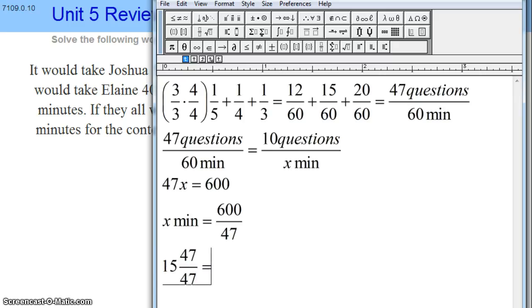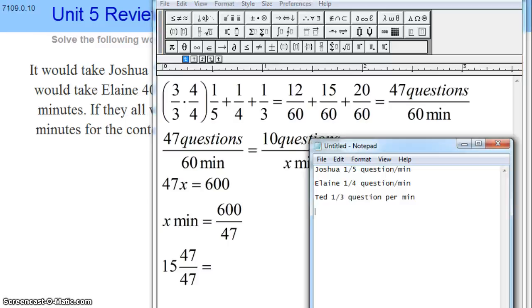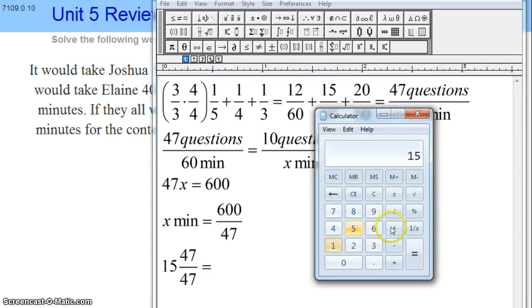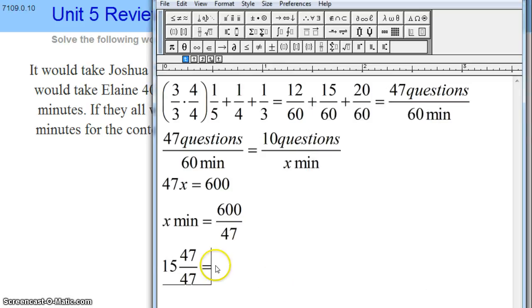And you get 15 times 47 is 705. So we get 705 over 47 minus 600 over 47, and that equals 105 over 47.